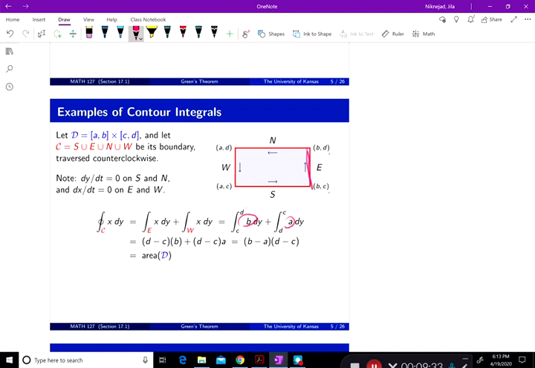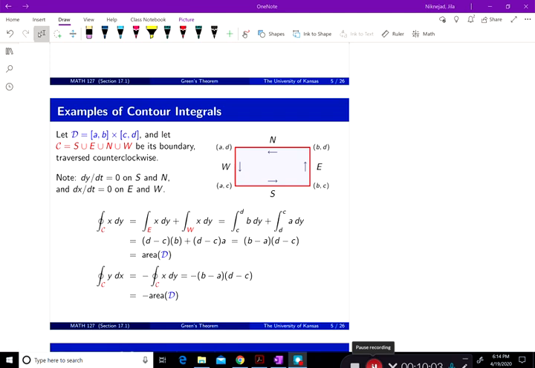For the second, you get negative (d minus c) times a. Factoring, you get (d minus c) times (b minus a), which is exactly the area of the rectangle.